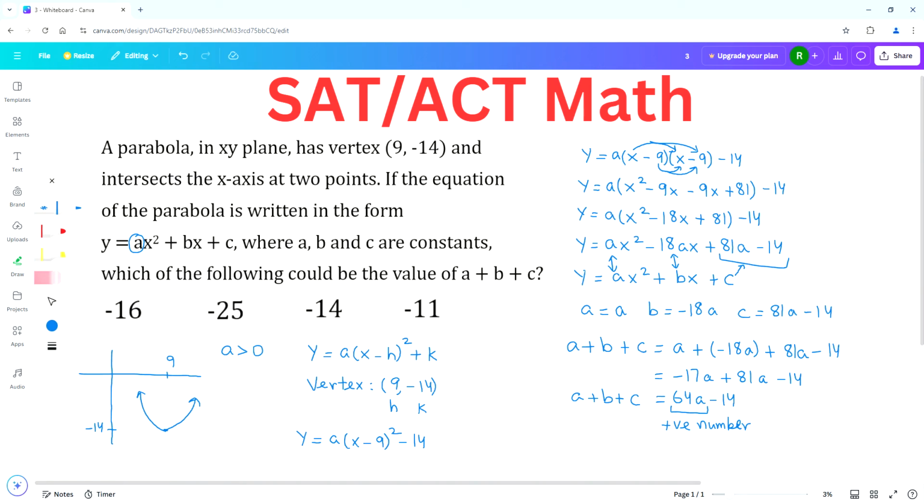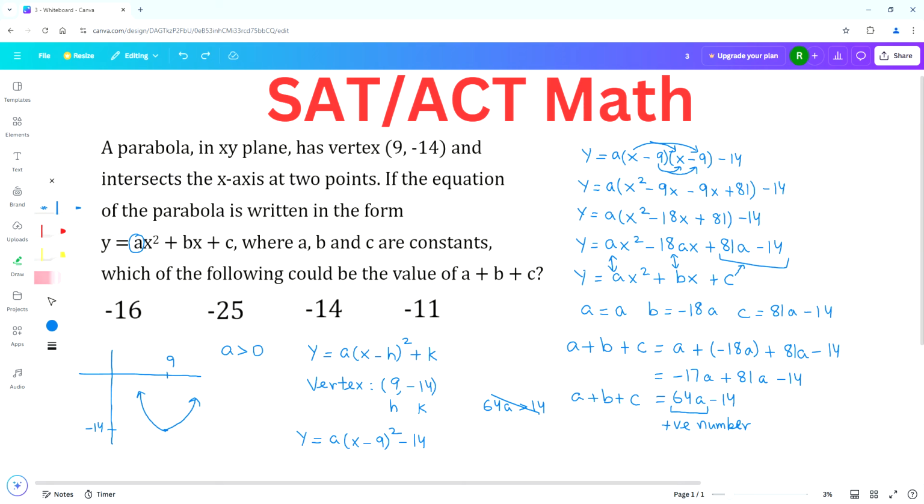The first scenario is that the value of 64a is greater than 14. If that's the case, then the value of the expression 64a minus 14 will be greater than 0, a positive number. But all the given answer choices are negative numbers, so this scenario is not true.